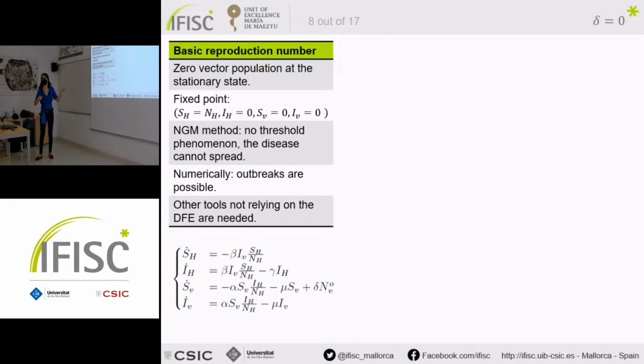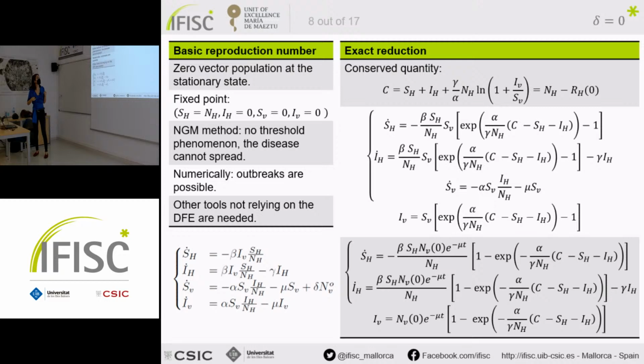However, this is not what happens, because at the beginning of the dynamics you have a system that is not in its stationary state, and it can transmit the disease. In fact, we have numerically seen that outbreaks are possible even if the linear stability analysis doesn't capture it. So other tools will be needed to understand this.